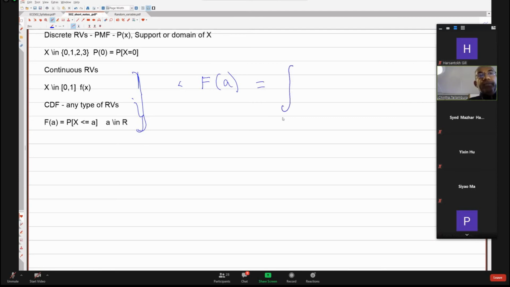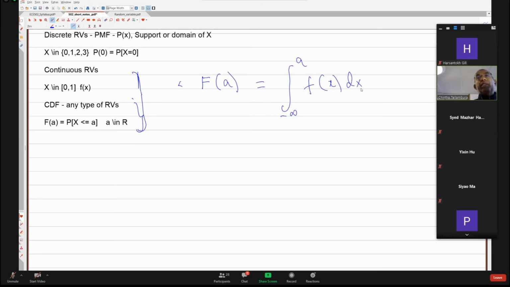So you go from negative infinity to A, and you get the PDF, and you compute the area under the PDF. So that's the connection between CDF and PDF. Right? So it's pretty simple.